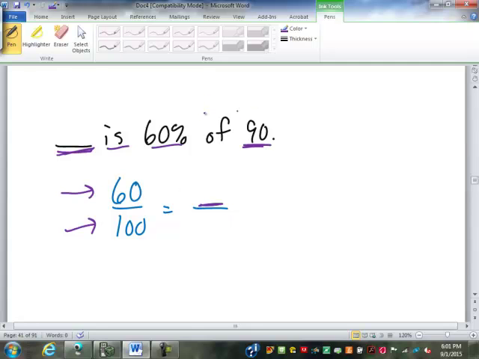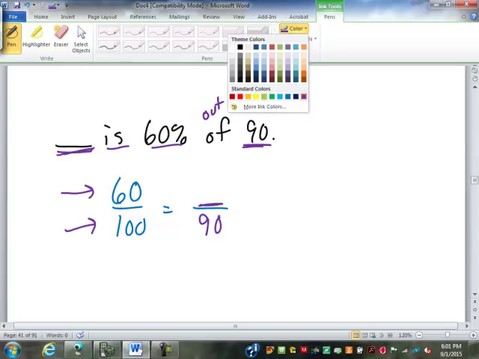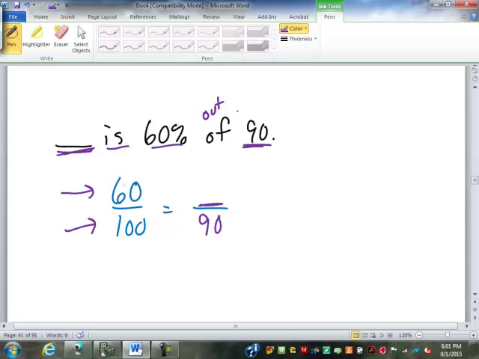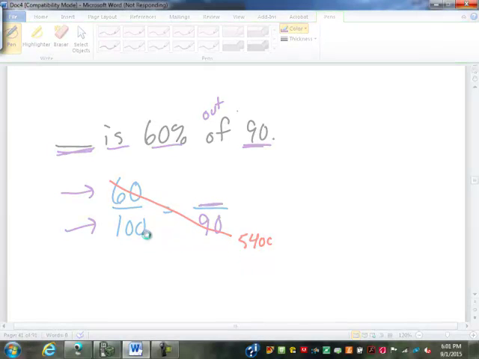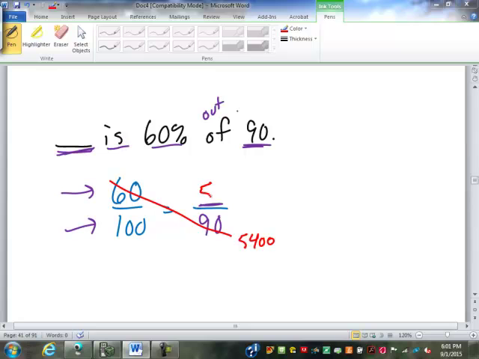Of 90, you can think of that almost as out of 90, which tells us that 90 has to go on bottom. So to find our missing number, we'll cross multiply. 60 times 90 is 5,400. And then divide by the 100 is 54. So 54 is 60% of 90.